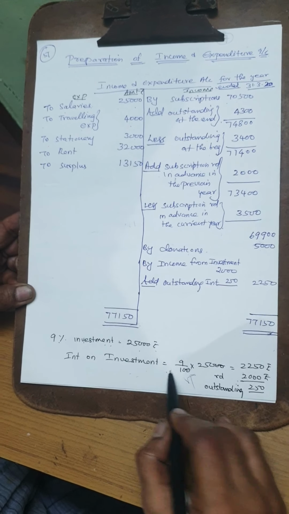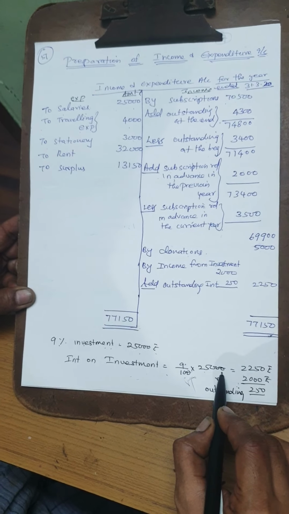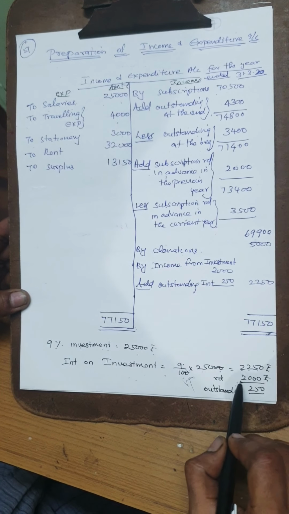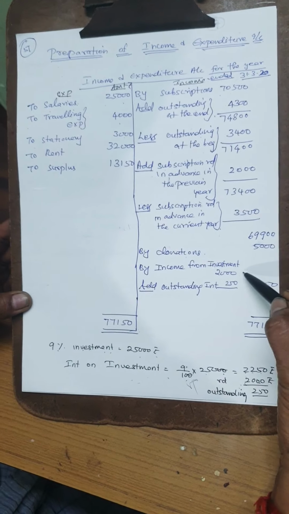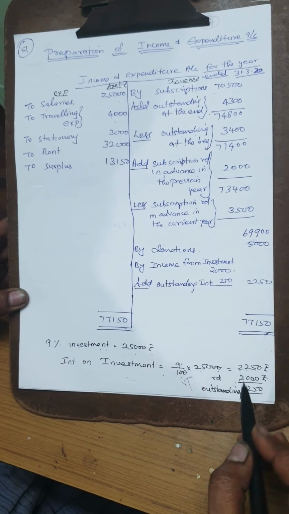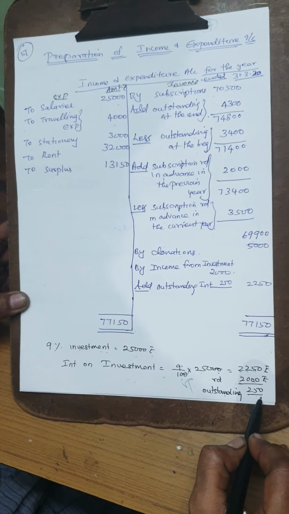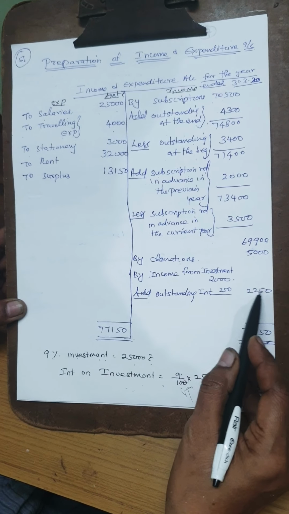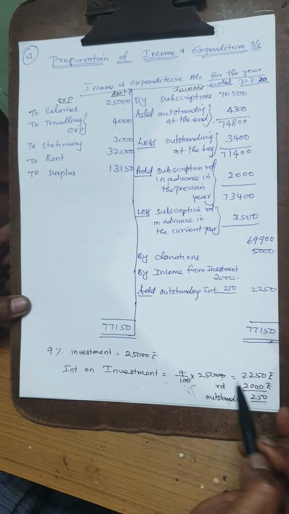So interest on investment 9% of 25,000, you get 2,250. Already received interest is given in the receipts and payments account, 2,000. So the difference 250 is outstanding, so that is added here. So ultimately 2,250 is the income from investment.